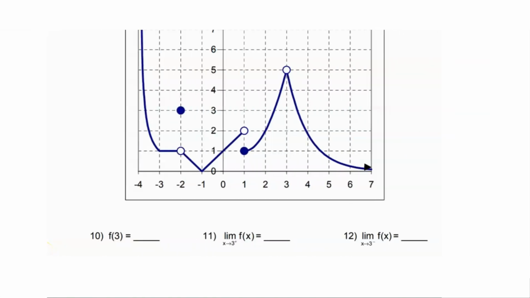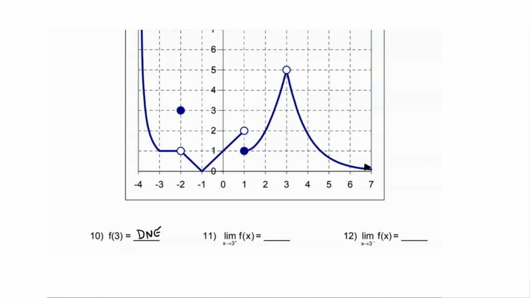Okay, problem 10, we have f of 3. Well, if we look at x equals 3, we can see we have an open circle at 5. So f of 3 does not exist. For problem 11, the limit of f of x as x approaches 3 from the right, we grab the piece of the graph from the right, we follow it up, and we can see that it stops at 5.